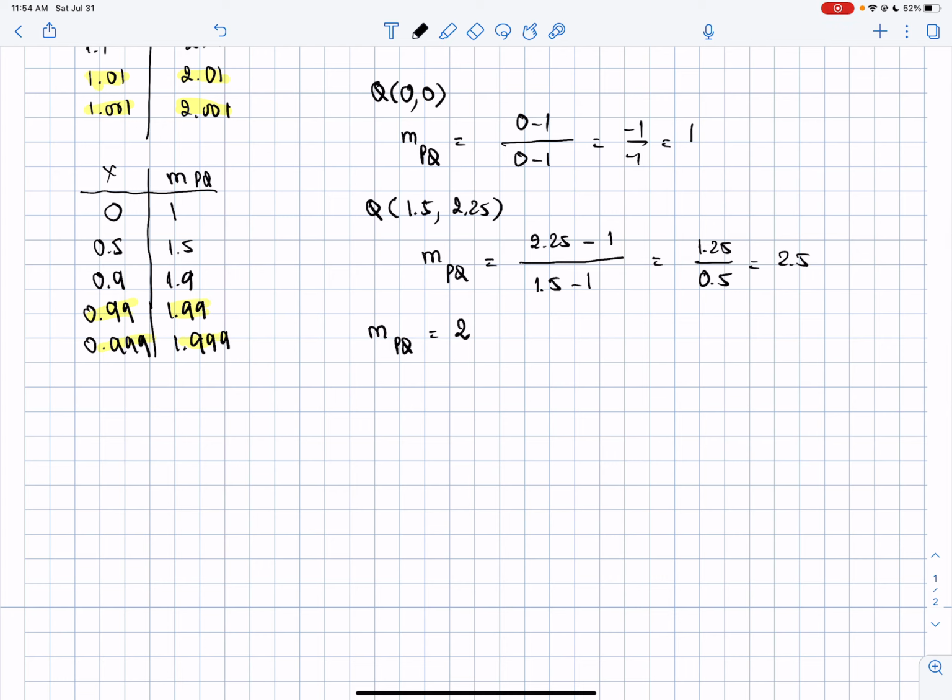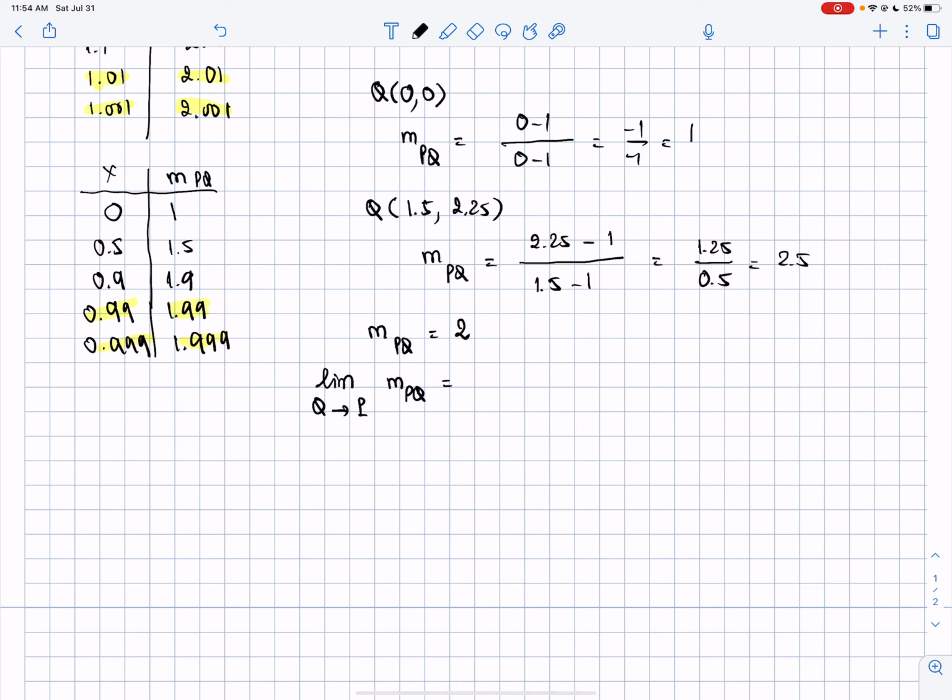And this is how we write it in this problem: the limit as the point Q approaches closer to the point P, the slope of the secant line PQ will approach some number.